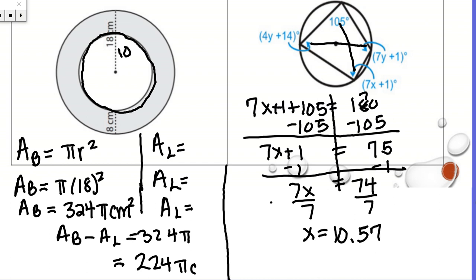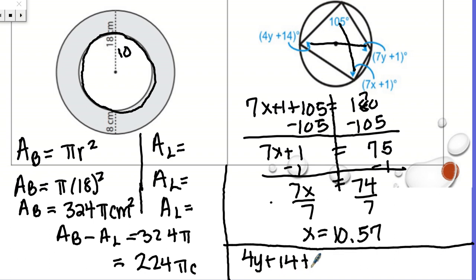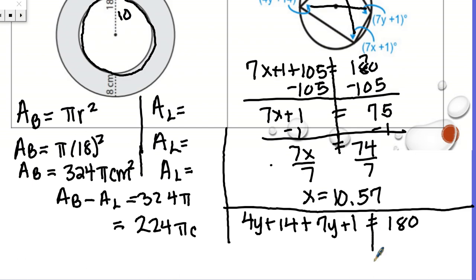Okay, so to solve for y, I need to do 4y plus 14 plus 7y plus 1 equals 180. So here, I'm going to go ahead and combine like terms. That gives me 11y plus 15 equals 180.